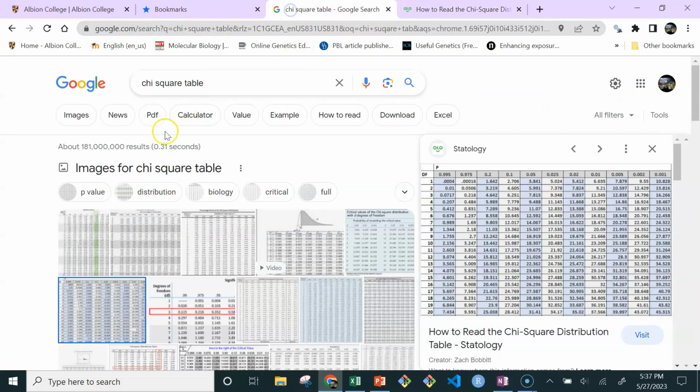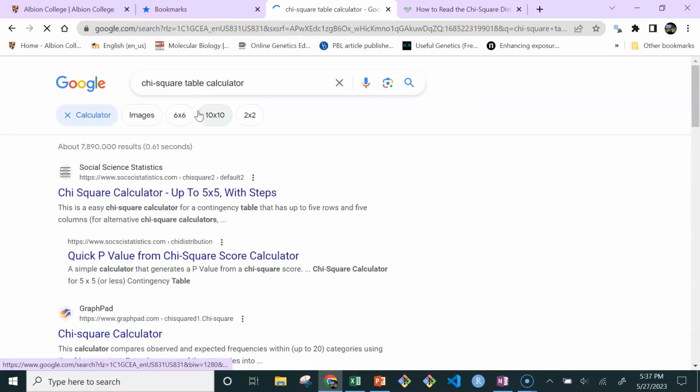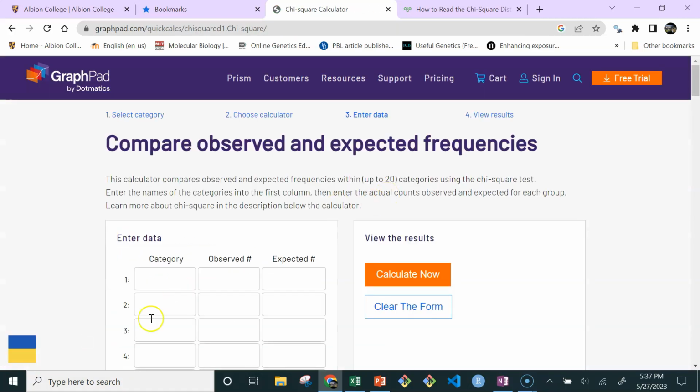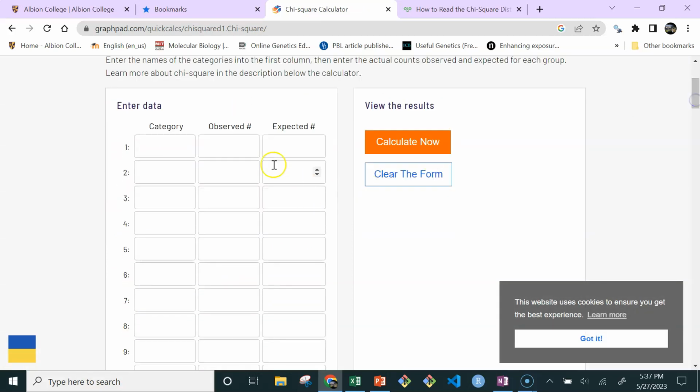Well, let's do a calculator. I like these little calculators. We have to put in all the data here. I don't want to put, well, I guess we could. Yeah, I'd have to. Let's see.